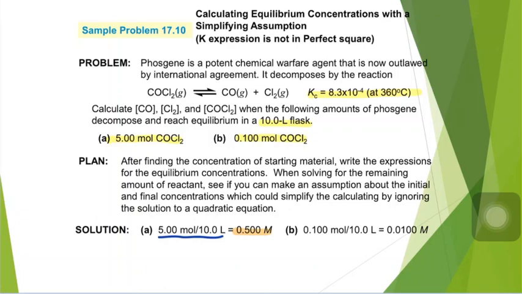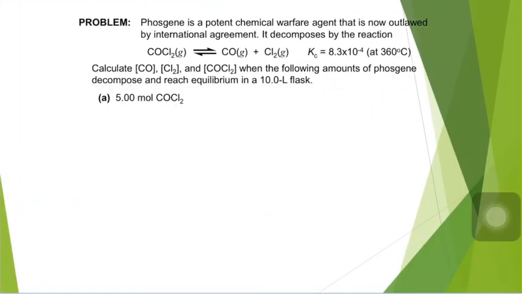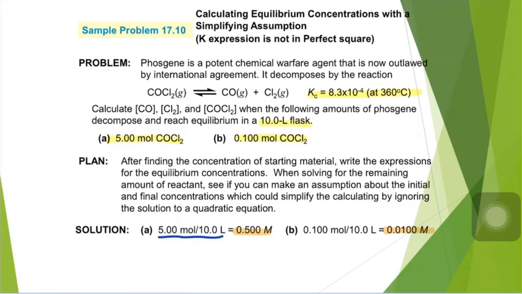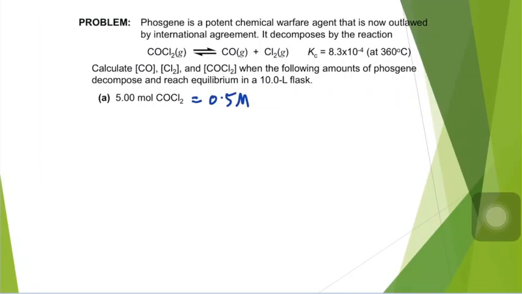That is for A. When the initial amount is 0.1 mole, we calculate the concentration as 0.1 mole divided by the 10 liter flask, so we get a concentration of 0.01 molar. Now, remember before this, when it is 5 mole, it is 0.5 molar.